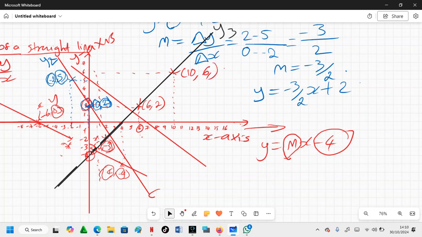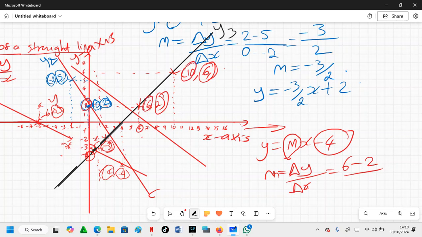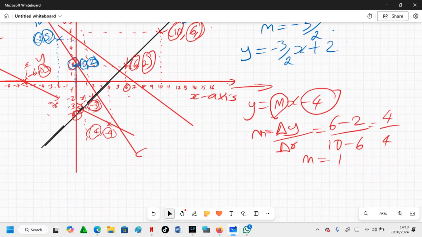Okay, so m is the change in y over the change in x, and our change in y is 6 minus 2 over 10 minus 6. So this is going to be 4 over 4. Okay, and therefore our gradient is 1. Therefore, the equation of that line is y is equal to x minus 4.